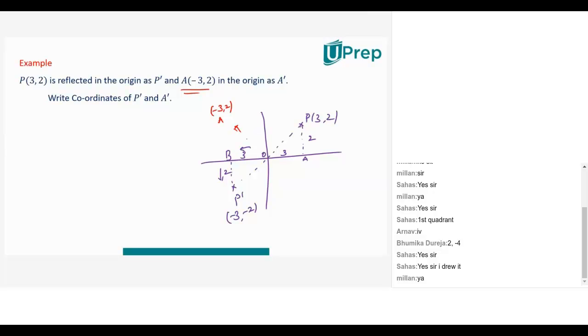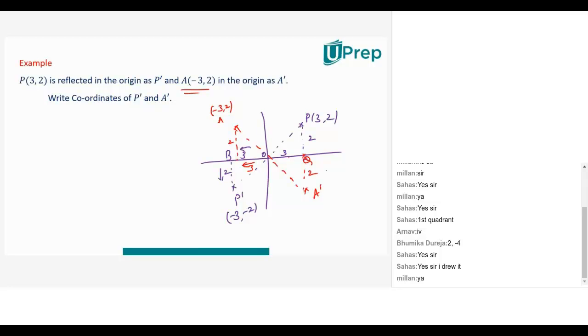Whereas when I consider A, which is -3, 2, originally it is here. So where will be the image? It will go into the fourth quadrant. This will become A dash. Oh, I already used the name, so I'll call it Q here.